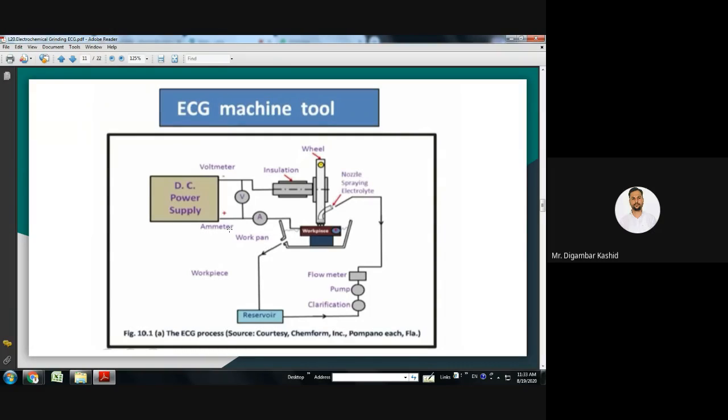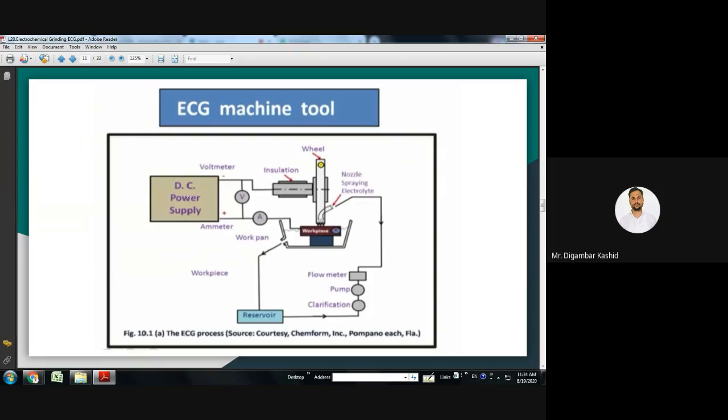In this system, the machining area is made up of non-corrosive metals, and power is supplied to the spindle either with the help of brushes or a mercury coupling.